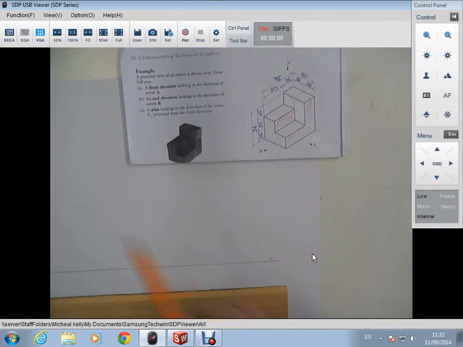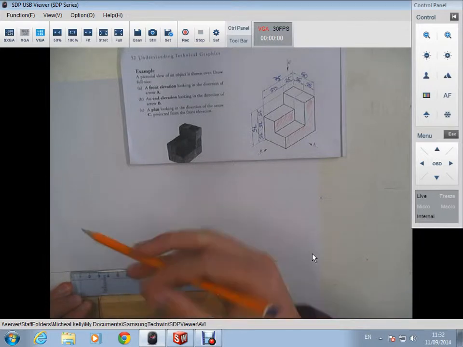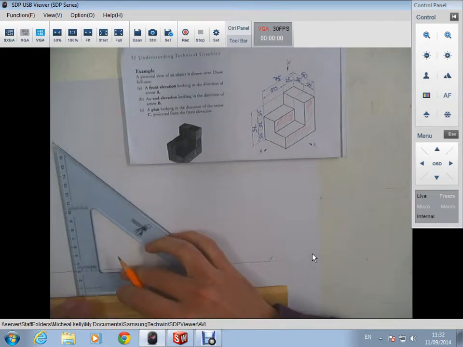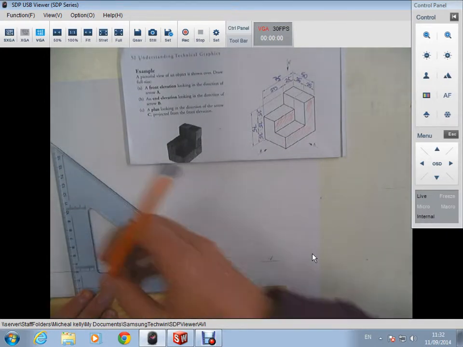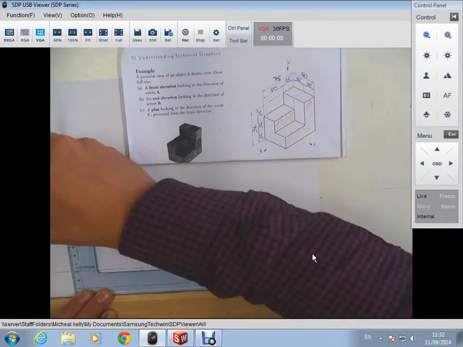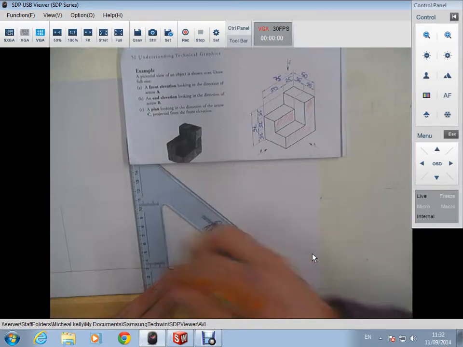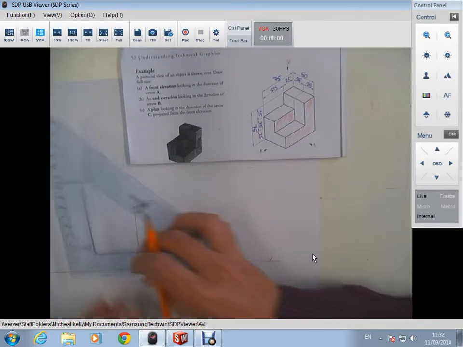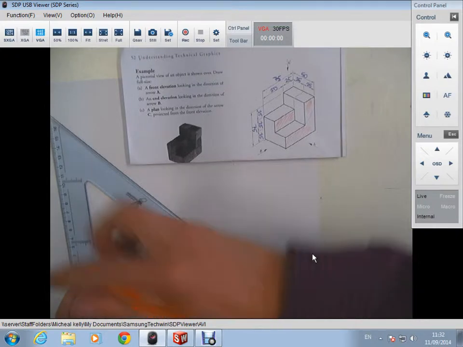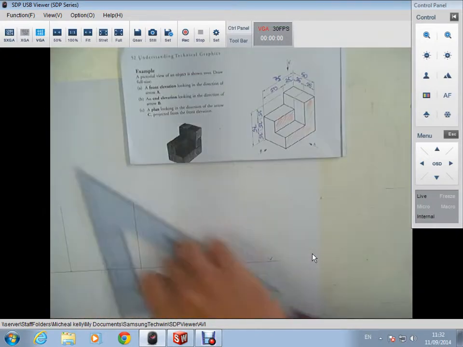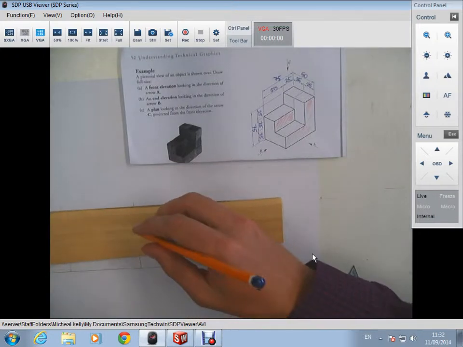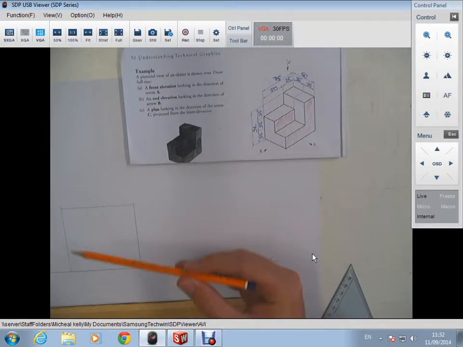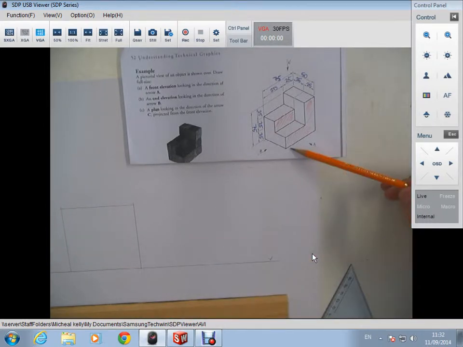So I'm going to measure a distance across my XY line of 75 millimeters, take my lines vertically up the page using my set square on top of my T-square, again keeping all lines light for the meantime as these are only construction lines, and it's a height of 75 millimeters, so I'm going to measure that height up again using my set square.